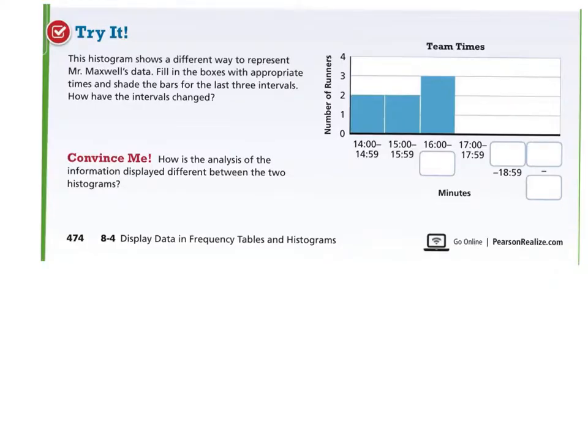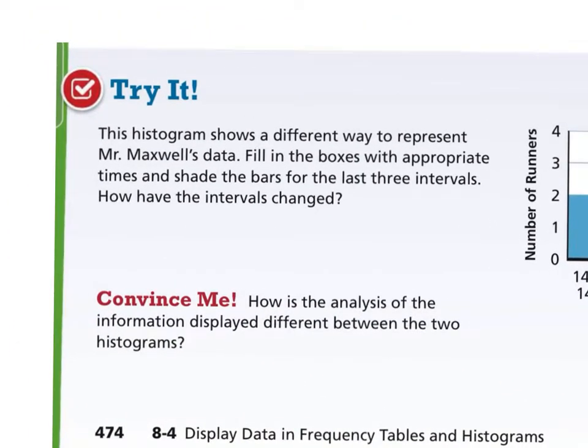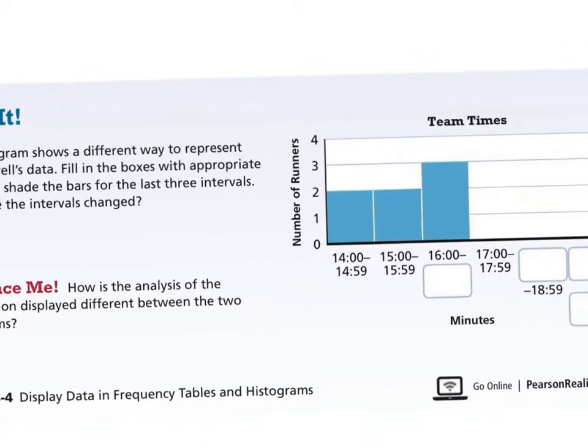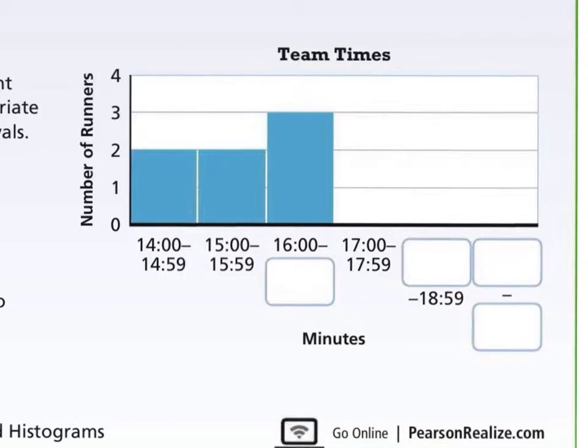On the Try It, we have a histogram that shows a different way to represent Mr. Maxwell's data. They want us to fill in the boxes with appropriate times, shade the bars for the last 3 intervals, and have the intervals change. So if you look at this, this would be a little bit easier for us to set up. We could maybe even set this up without doing a frequency table first. If you'll notice, they're just going by 1-minute intervals.